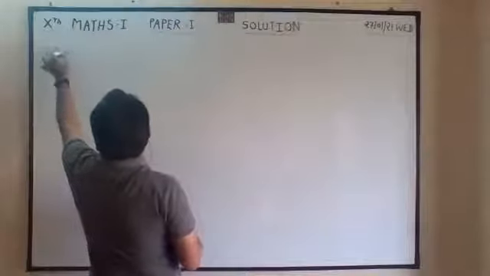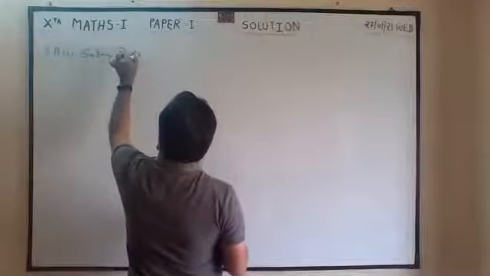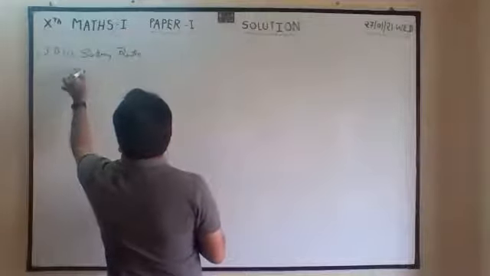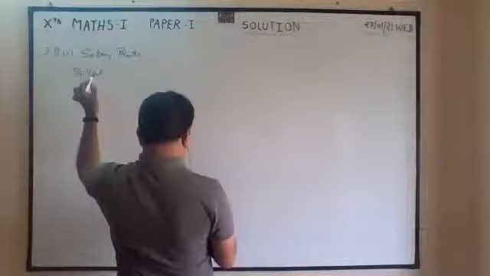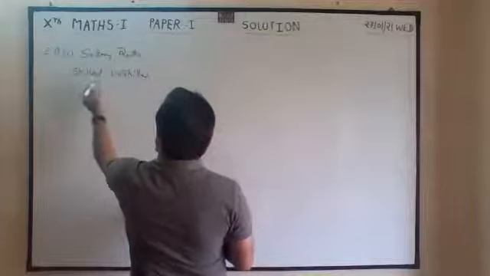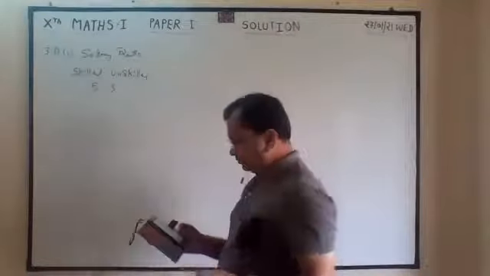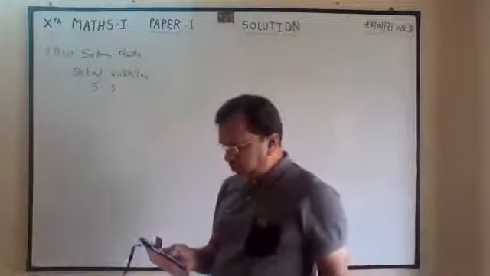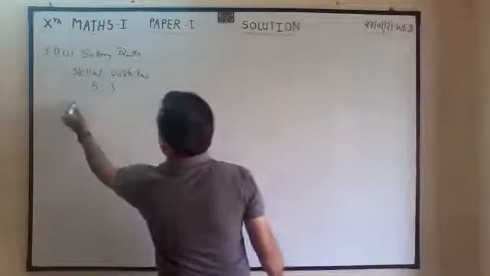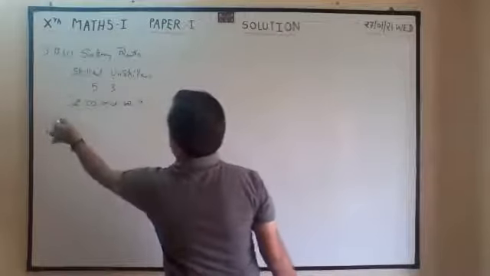3B first. Salary ratio, skilled, unskilled is 5:3 actually. Total salary is 720. Let the common multiple be x.